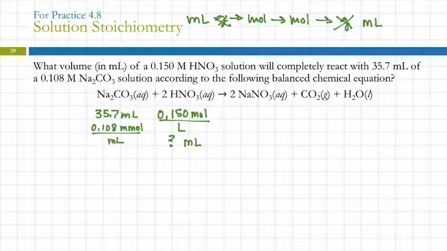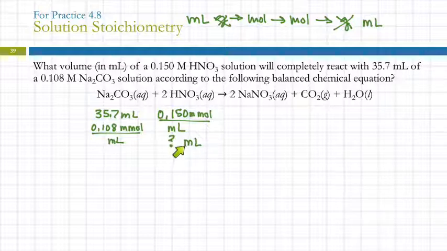You don't have to do this, but I just want to show it to you because I think it's kind of cool. So over here where we've got moles per liter, I'm going to move that over and just make a little space. 0.150 moles per liter is the same as 0.150 millimoles per milliliter, right?